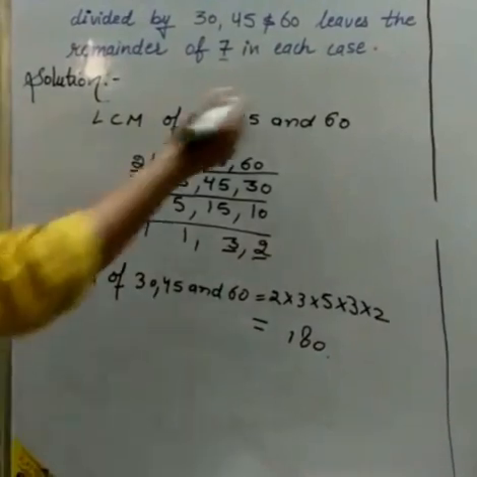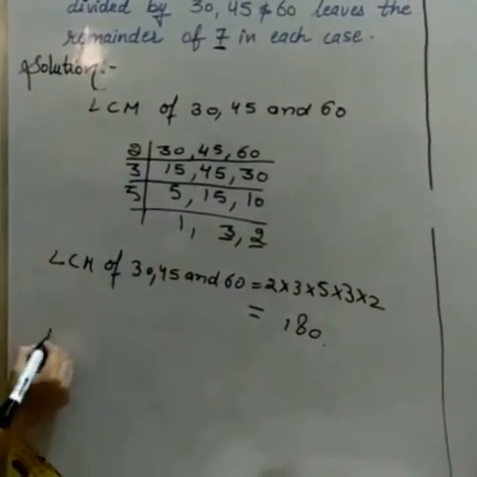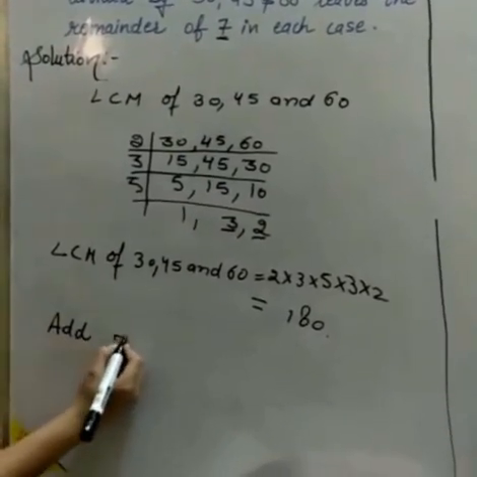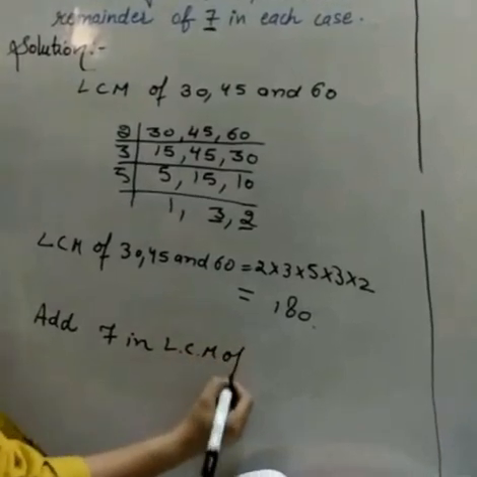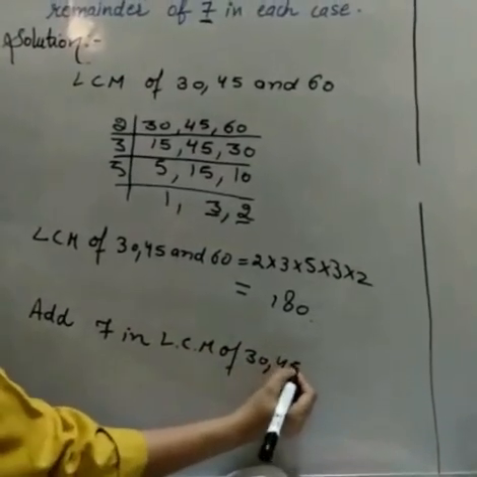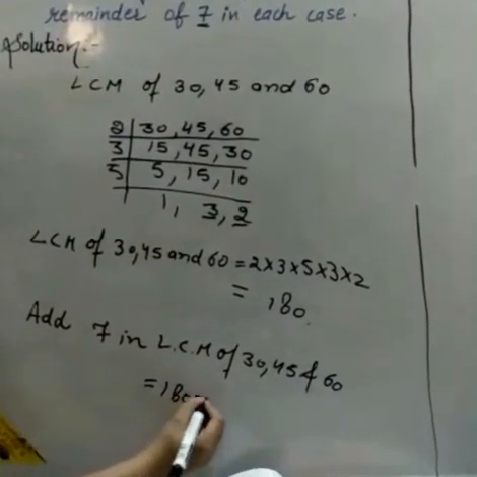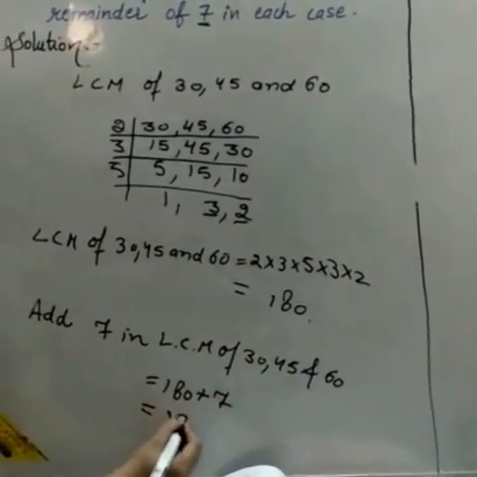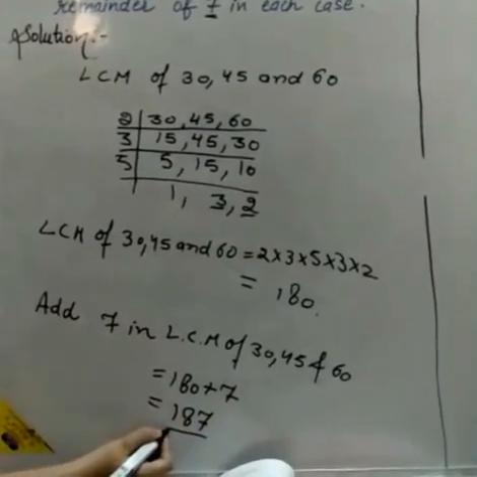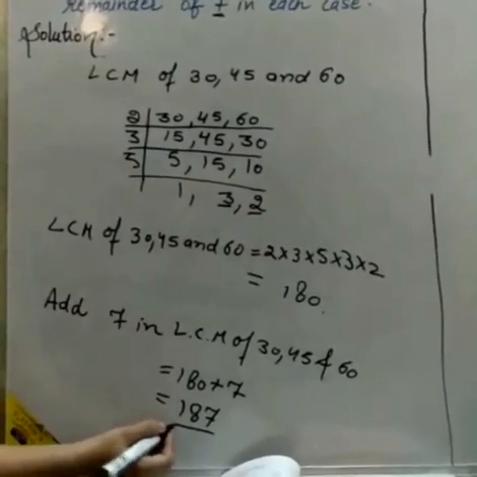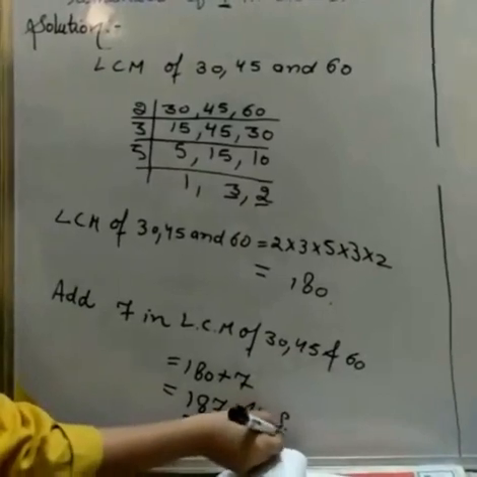Now what is said in the question? How much remainder is left? 7. So we will add 7 in LCM of 30, 45 and 60. So 180 plus 7. Answer is 187. This is the lowest number which when divided by 30, 45 and 60 leaves remainder 7 in each case. So this is our answer.